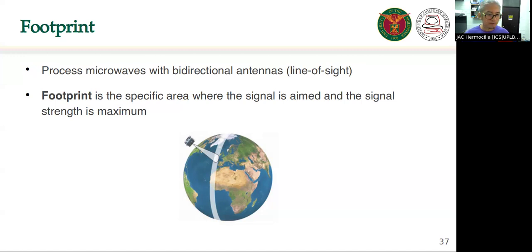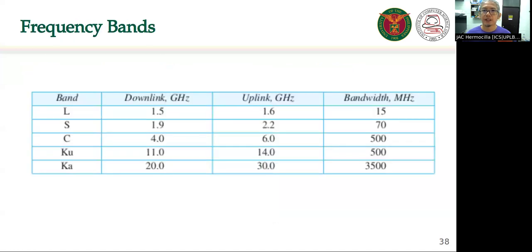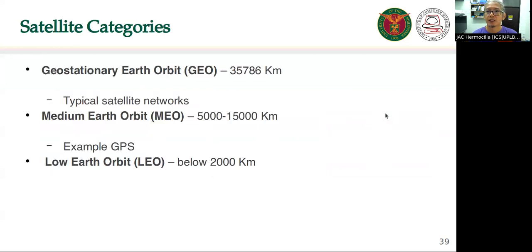And for the frequency bands, we have different bands here: L, S, C, Ku, and Ka. These are the frequencies used for the downlink, the uplink, and the total bandwidth. So these are the bands used by the satellites.